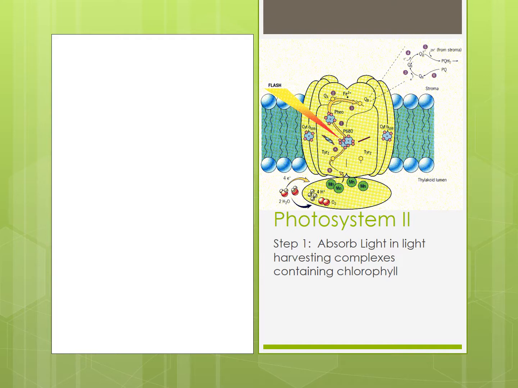In this case, it's absorbing red, it's absorbing blue, it's reflecting green. This is what gives plants that green look to them. So sunlight comes down and it strikes a pigment. That excites an electron. So that's the first step. Light strikes a pigment.